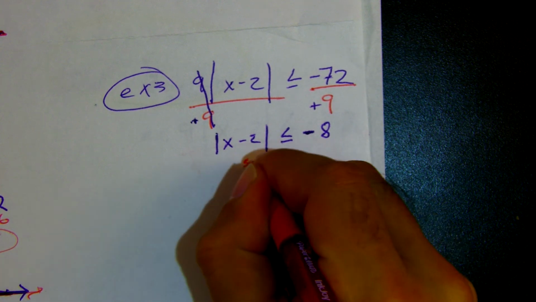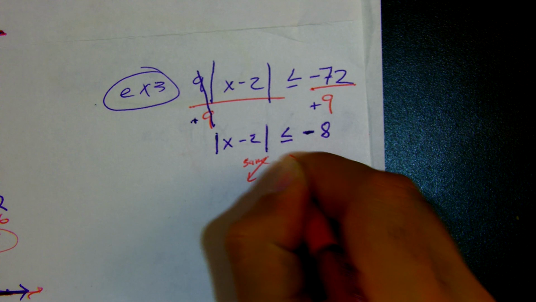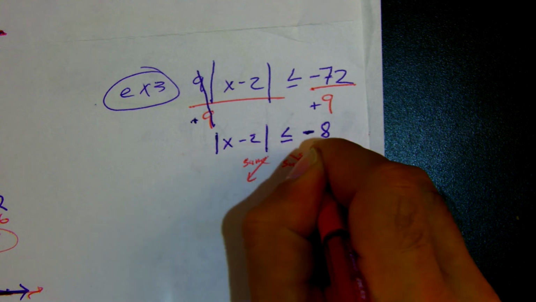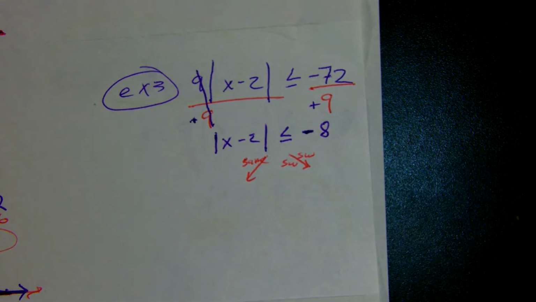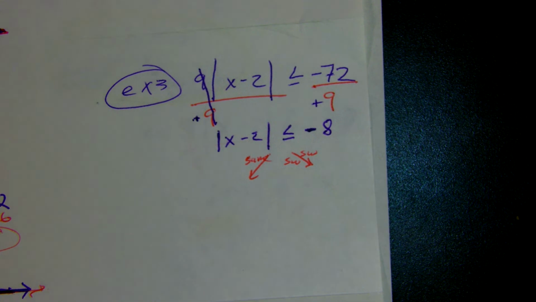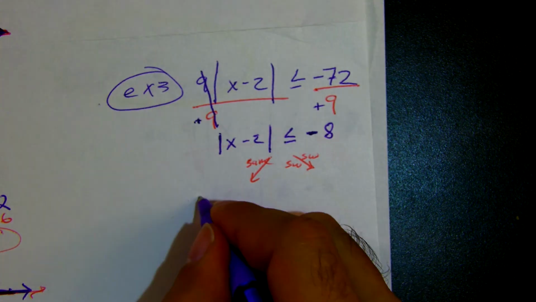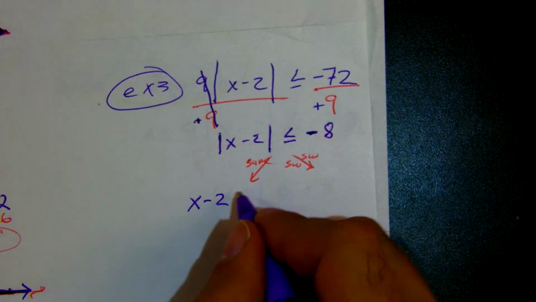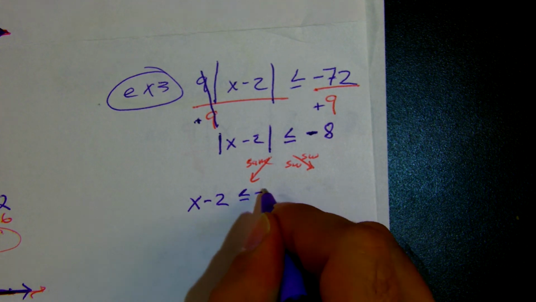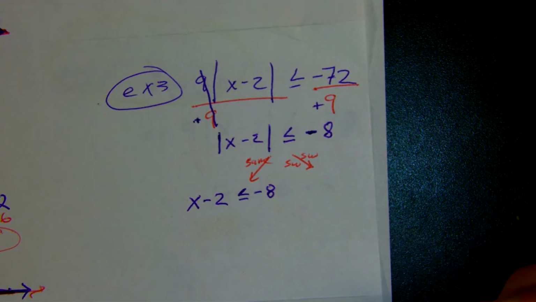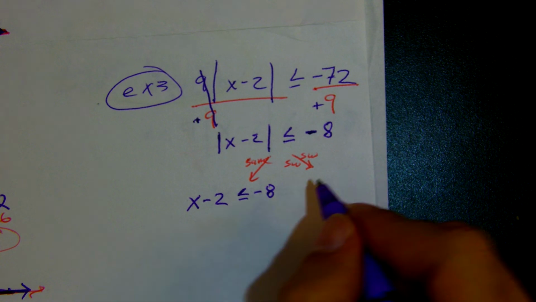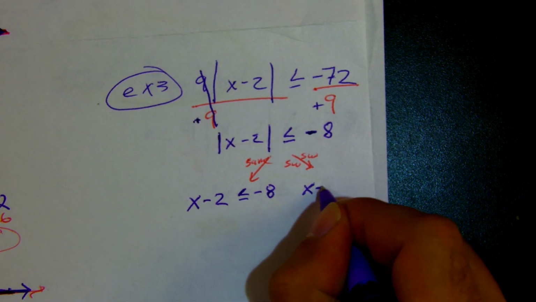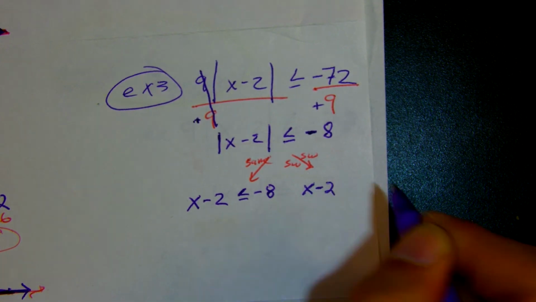All right, so we have the same branch. We have the switch branch. Same. You just drop the absolute values. Everything else stays the same. Switch. The absolute value expression stays the same.